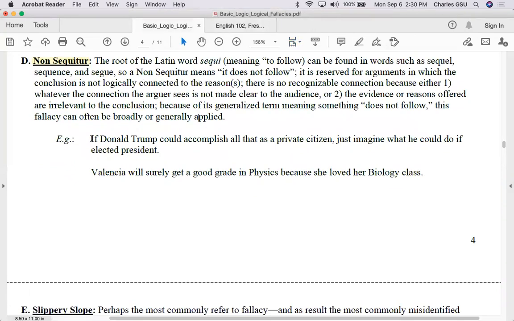And this first one was, and still in some ways remains, an argument that Trump supporters use: if Donald Trump could accomplish all that as a private citizen, just imagine what he could do if elected president. That is, supposedly he was a successful businessman, but it doesn't follow that because someone might be a successful CEO or business person, they're going to be a successful elected official, because those are two different realms.